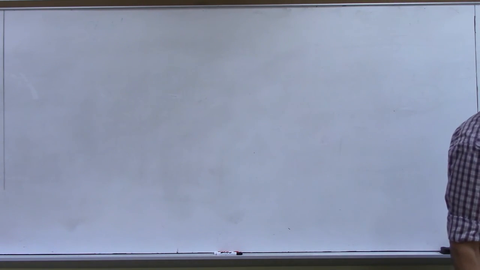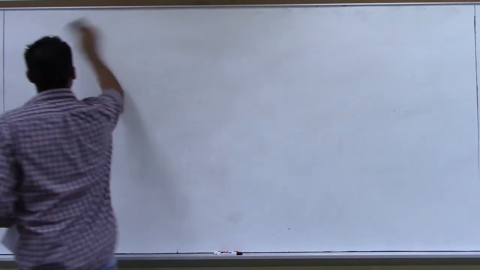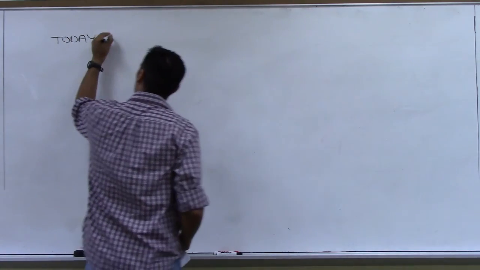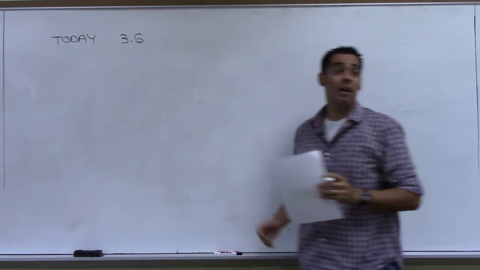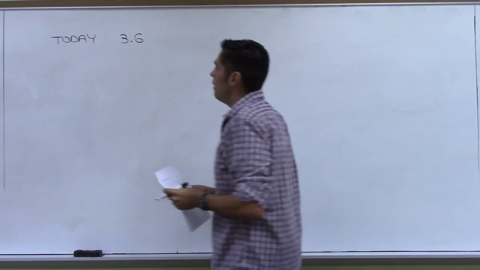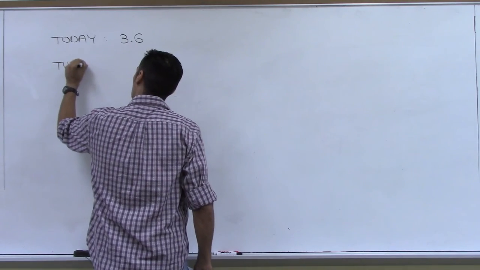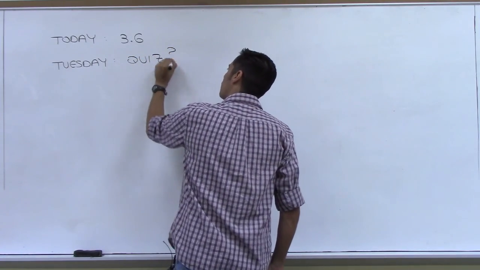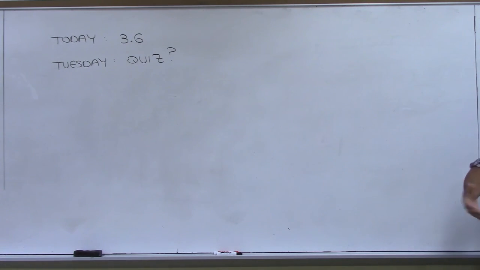So today we're going to be covering 3.6, which is hyperbolic functions, and then on Tuesday I would be prepared for potentially your first quiz of the semester, where you walk in and take a quiz, right?